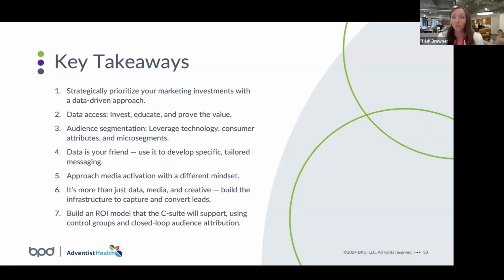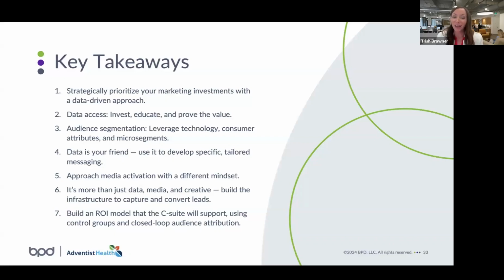We also have to make sure that we've got the infrastructure in place to capture and convert those leads. So it's critical to understand what your patient journey is and exactly all of those steps that they go through to become a patient. Make sure that we work through any potential roadblocks in that journey so that we're driving these patients to a service line and we're making it easy for those patients to actually get the services that they need. And finally, building the ROI model.